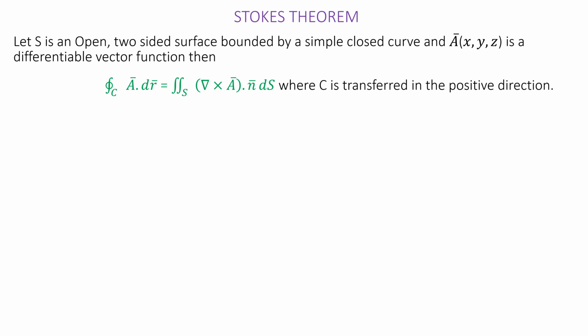So Stokes theorem says the surface integral of the curl of a function over a surface S is equal to the circulation of the function around the boundary of the surface. It is the application of line integral and surface integral.